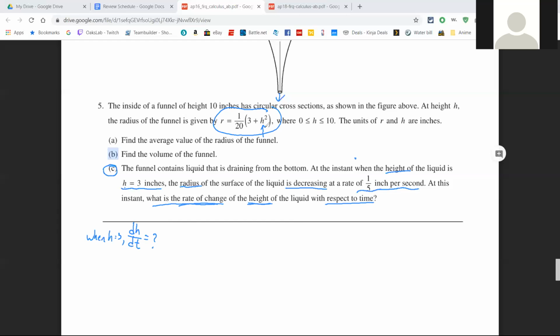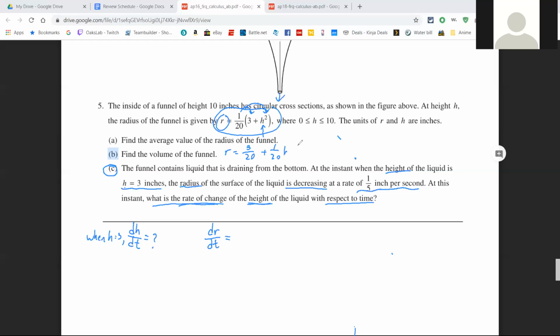All right. So the first thing I would do is take the derivative of r with respect to time, which is dr dt. But don't forget to put the derivative of r with respect to time because that doesn't cancel out. Now, if you want to, you could have chosen to distribute the 1 over 20 first. You could have just said to make this 3 over 20 plus 1 over 20 h squared.